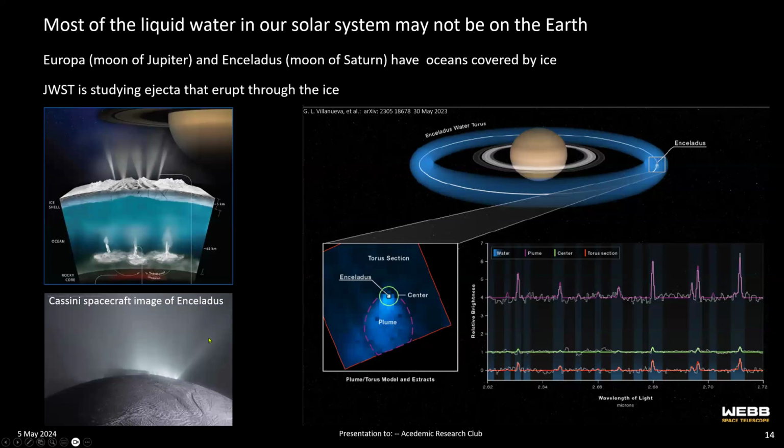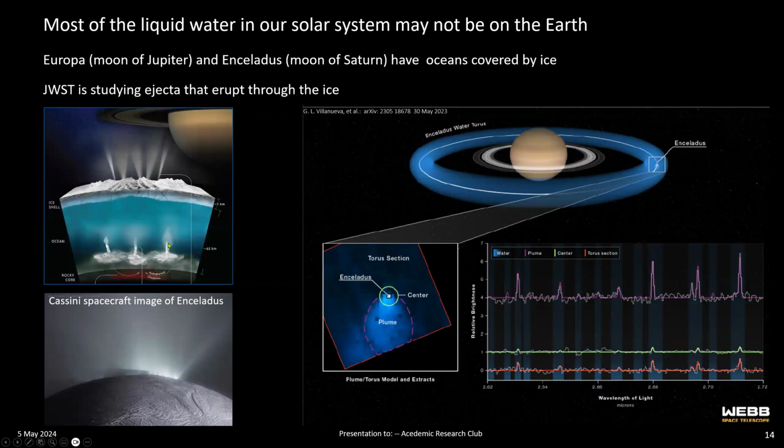called Enceladus. This is of great interest for the search for life, because we know from studies of the mid-Atlantic ridge on the bottom of the Atlantic Ocean here on the Earth, that there is life there that exists completely disconnected from the sun, thriving on chemical energy from volcanic vents.